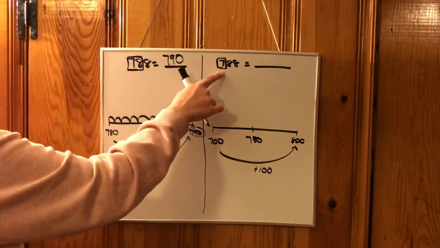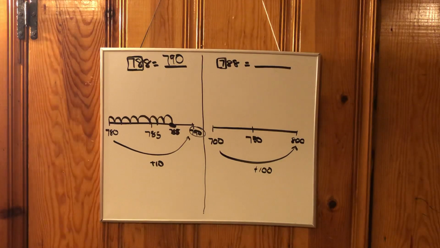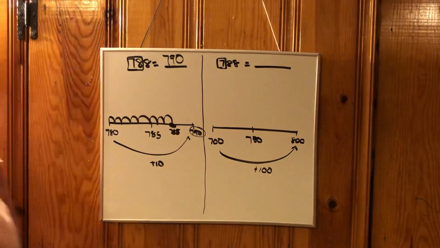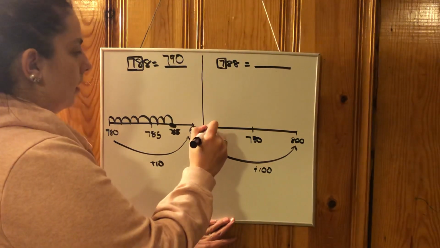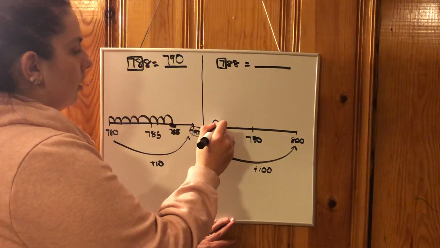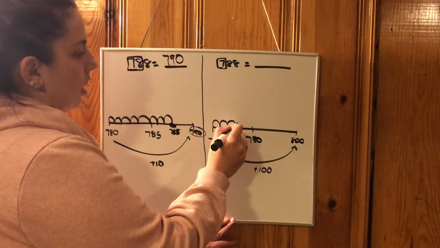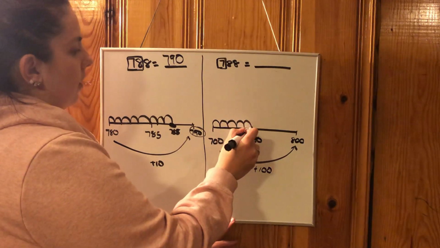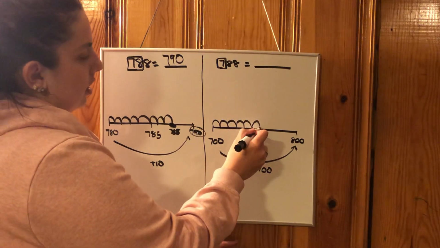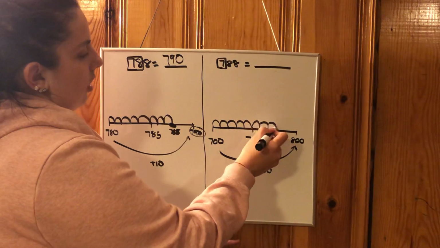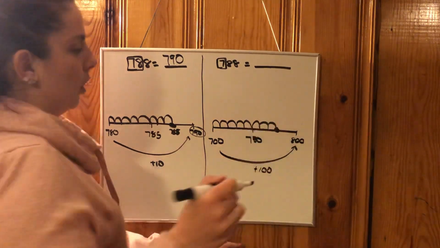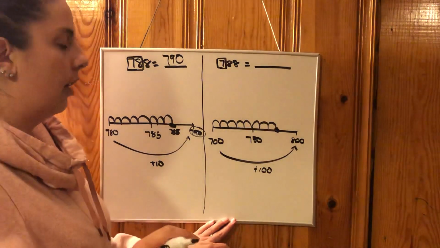Now we need to place our target number, 788, on our number line. We're going to do jumps of 10. All right, let's go. 710, 720, 730, 740, 750, 760, 770, 780. Stop. If we go to 790, we went too far.